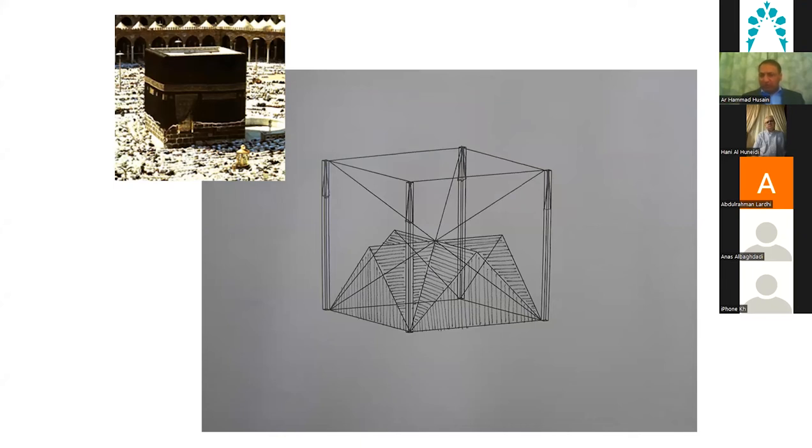So it's sort of an extracted form from a cube, but it's sort of carved out of it. But the 4 minarets form it. Now these are 90 meters by 90 meters on all sides. It's a 90-meter cube. Next, please.